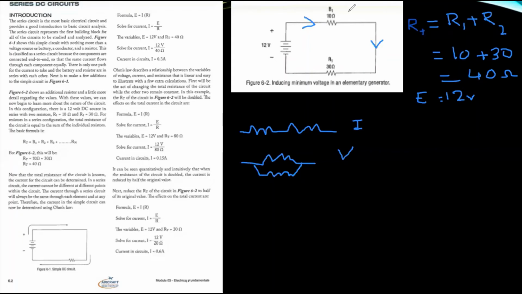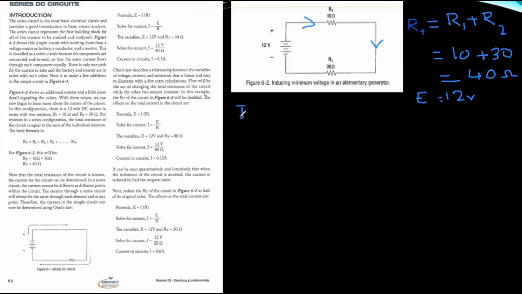So now we are going to find the current in this circuit. For finding the current, we have the total resistance RT, which is 40, and we have the voltage, that is 12 volt. Now we need to find the current.